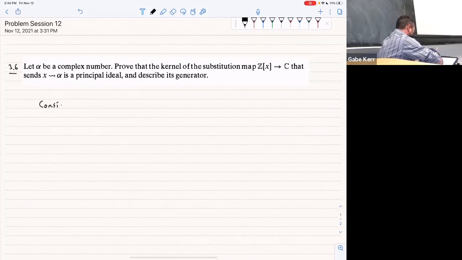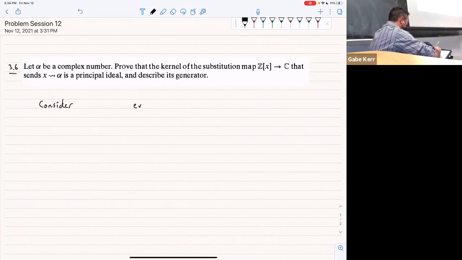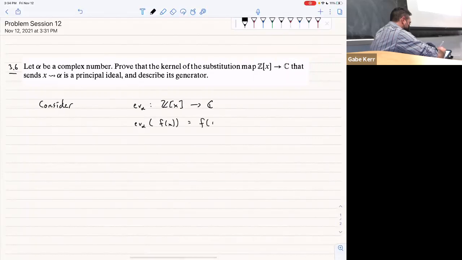So consider evaluation. Effects. Now, it's certainly the case that this homomorphism could have zero basis.